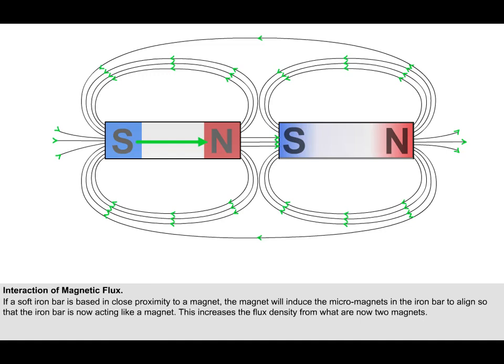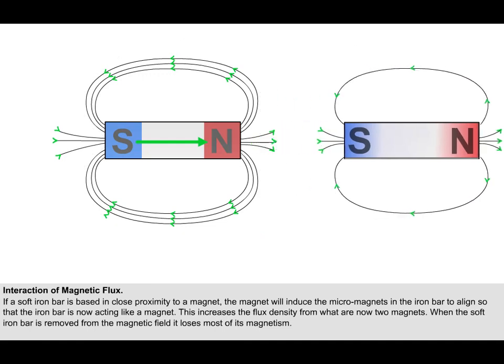This property of a magnetic material to increase a magnet's flux density is known as permeability. When the soft iron bar is removed from the magnetic field, it loses most of its magnetism. The little magnetism which remains in the iron bar is known as residual magnetism.